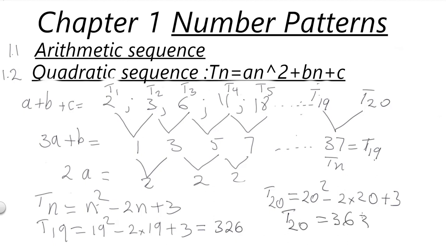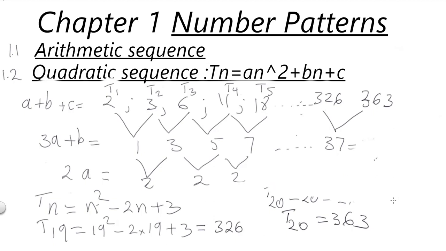If we replace it here, this will be 326, and the other will be 363. If you subtract, 363 minus 326, the answer will be 37.